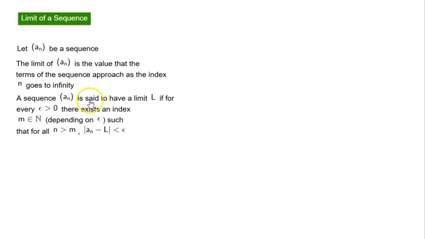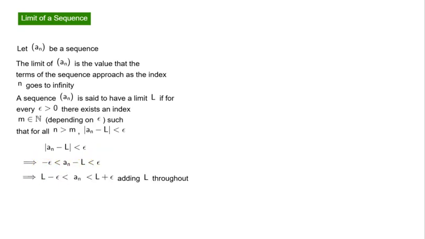So what does this mean? Quite a mouthful. So let's see. Magnitude of a sub n minus L is less than epsilon implies that a sub n minus L is between minus epsilon and epsilon.